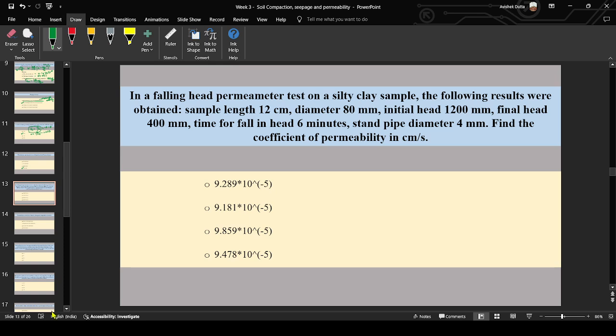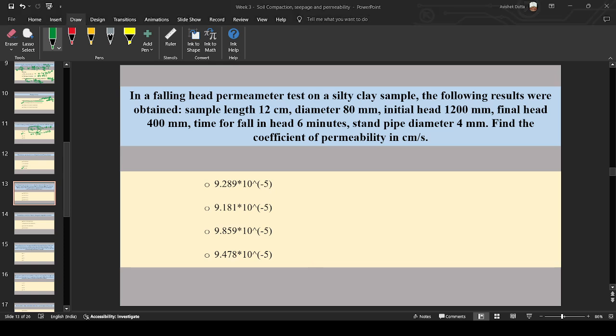Yes, falling head test. Anyone solve this question? What is the answer? Falling head test.